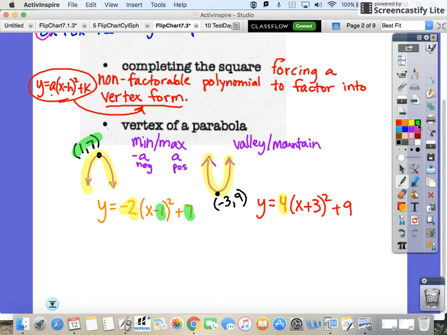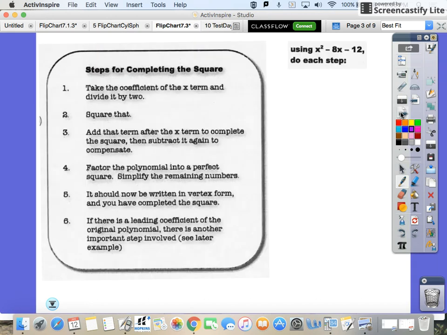And that's because right here we have a plus 3 instead of the original formula, which says minus 3. So that means we must have a negative 3, and then the plus 9, which gives us our y value. Okay? So the vertex, I guess formula, if it's even a formula, is that the vertex is at h comma k. That's the big thing here. The vertex is h, k.